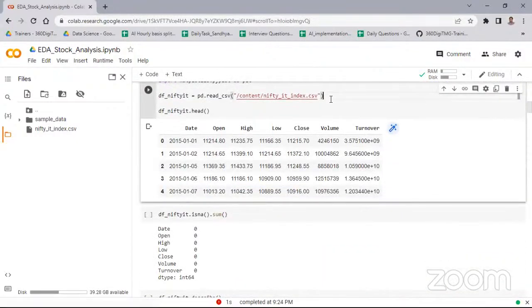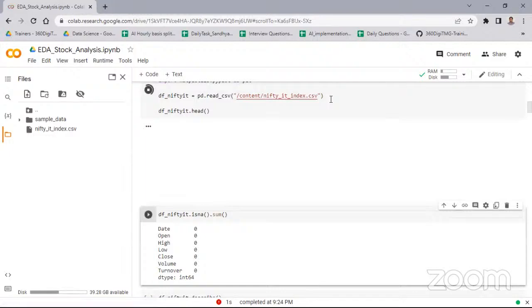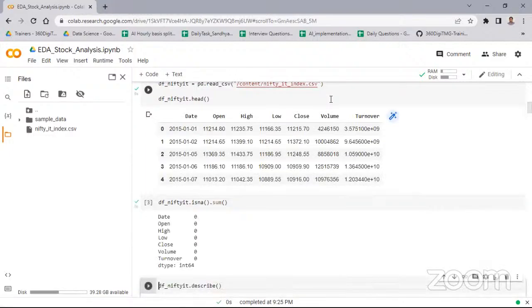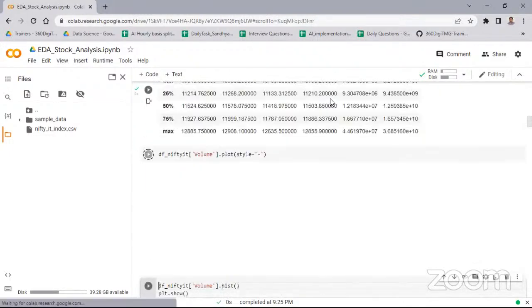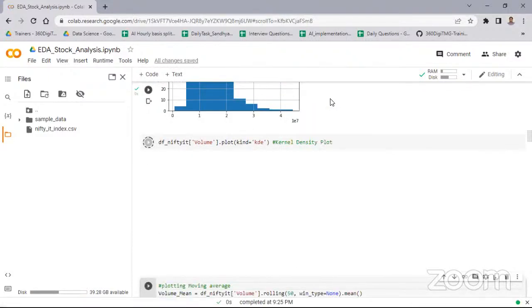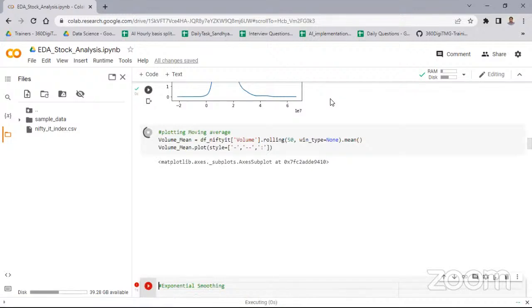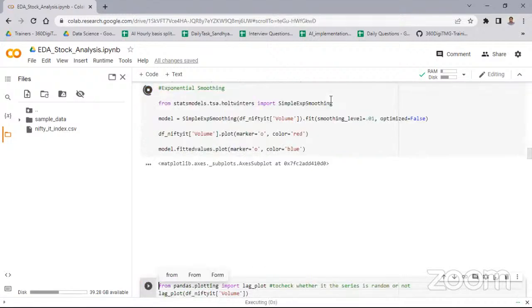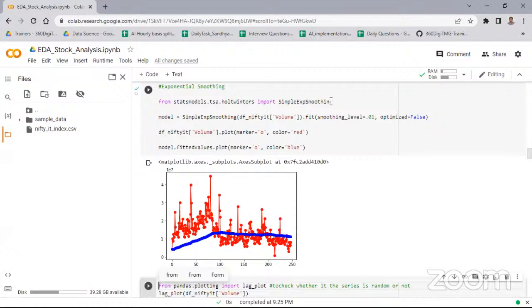I'll run this quickly. You can see the data will get changed. So rolling, and you'll be getting the data like this. You can see that this is what happens when you are smoothing the level.